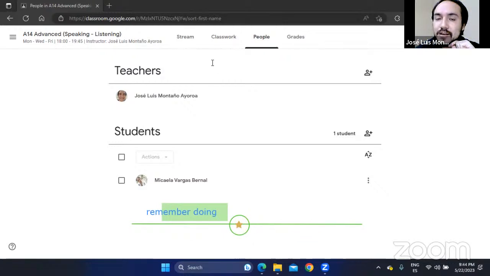But if we say, I remember to do, then we are not doing that. After this specific time, we remembered to do an action after we remembered. So here it would be again, remember to do something.